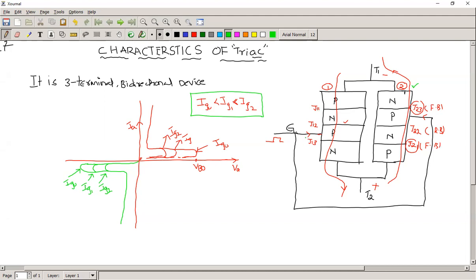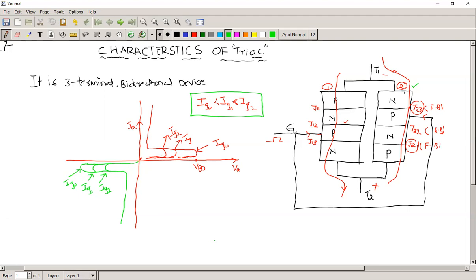But practically, it is not this structure. It is somewhat different. For explanation purposes only, I have taken this diagram for easy understanding. In practice, this is not the actual structure, because there are some more layers.